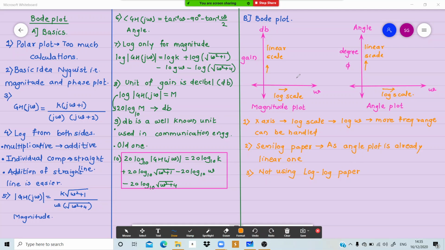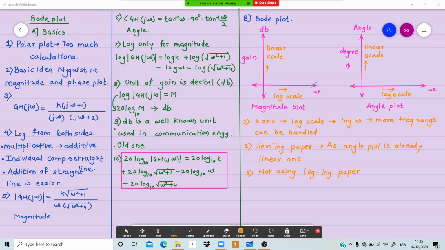So this is the reason why we are going for semi-log paper. For this, you are going to take the magnitude in log and put it over here. Phi, definitely you have to put directly on the paper, and done for that, right?